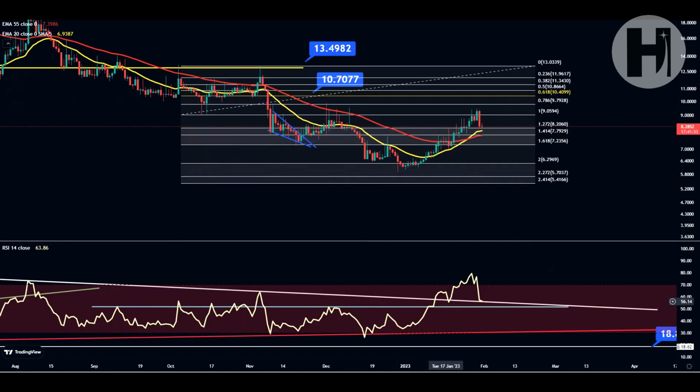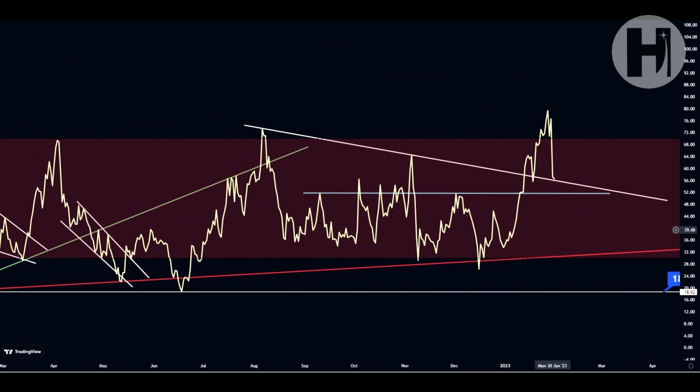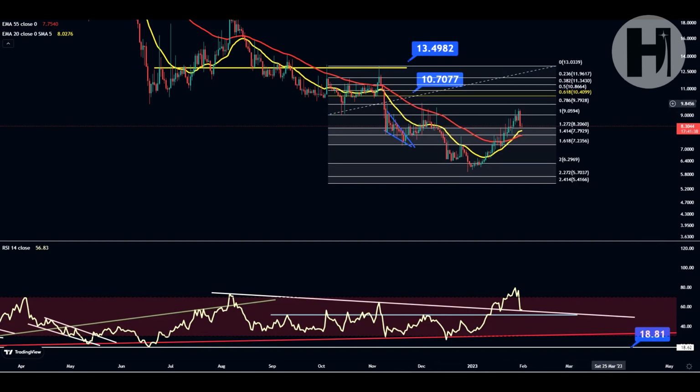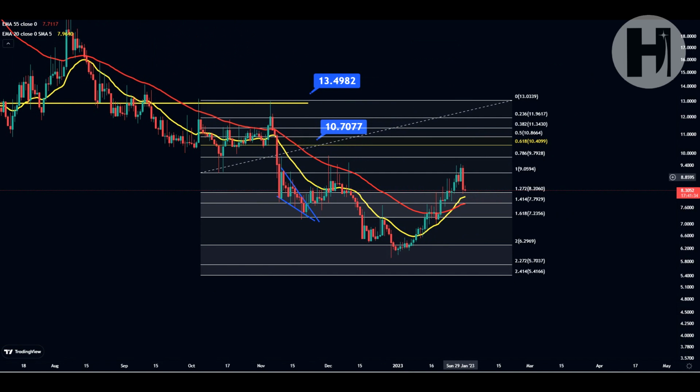Now, if we take a look at the daily RSI and see what's going on here, we got very overextended over here. We went into the overbought, so this was a good point to take some profits. Actually, I did take some profits. I'm swing trading Moonriver for my friend, and I sold at around $8.96, I want to say.